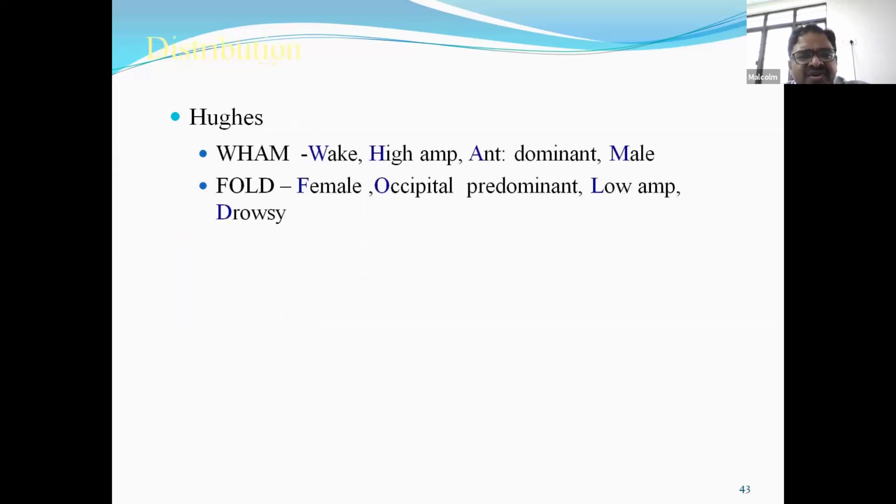Hughes classified it as WAM, which is women awake male. It is seen more in early wakefulness. It is high amplitude, anterior dominant, and it is seen in men. The FOLD, because it is seen in females, is occipital predominant. It is of low amplitude and seen more during the drowsy phase.